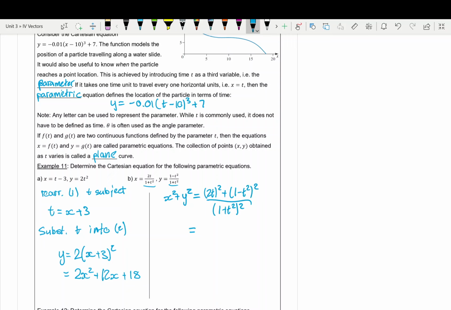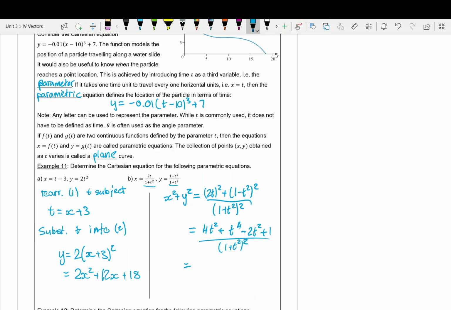The benefit of doing that is that we get 4t squared plus t to the 4. We're also going to get minus 2t squared, and we're going to get plus 1.